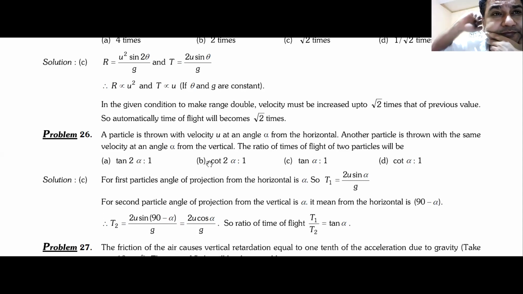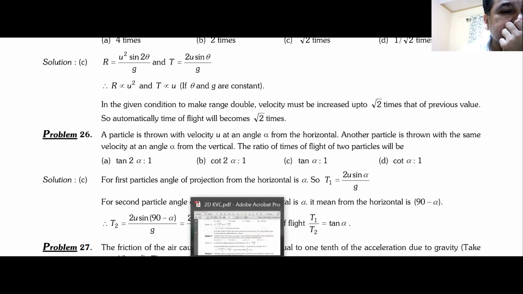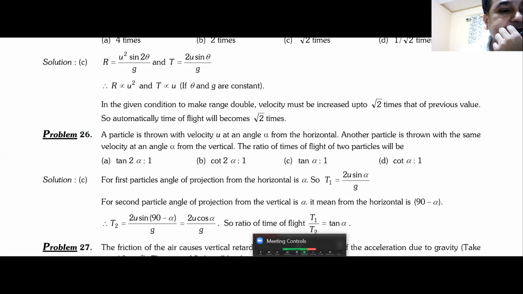Shall I solve it? Okay, I hope everyone has read the question. Let us go about and solve it.